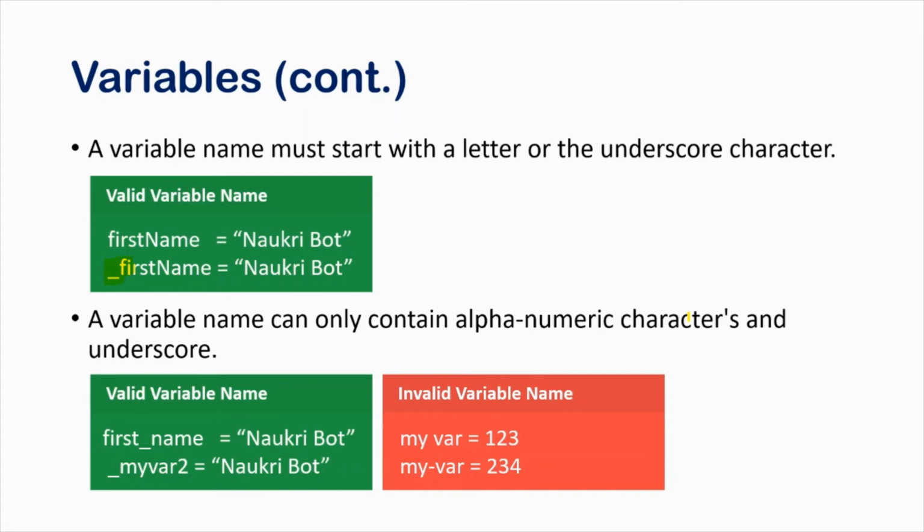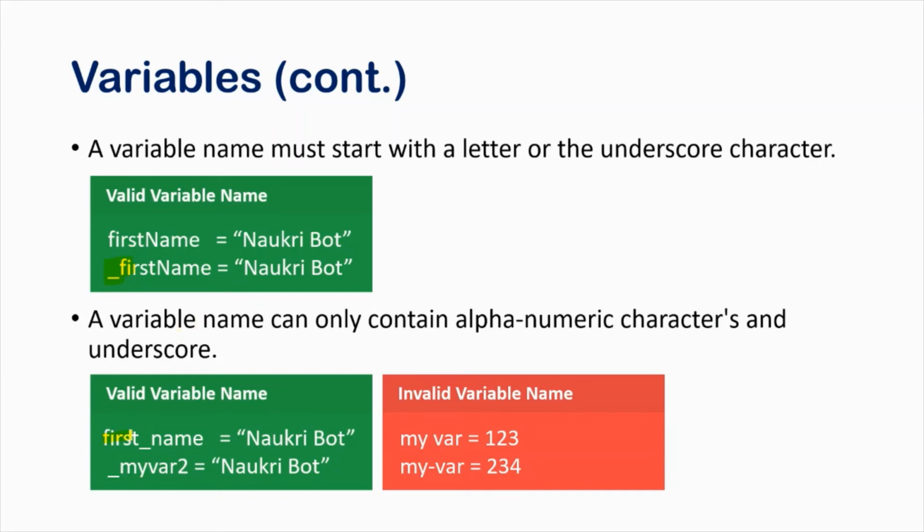It can contain a number, but it will never start with a number. Here it's written, a variable name can only contain alphanumeric characters. It will not contain any type of symbol except underscore. So it's already written, a variable name can only contain alphanumeric characters and underscore.